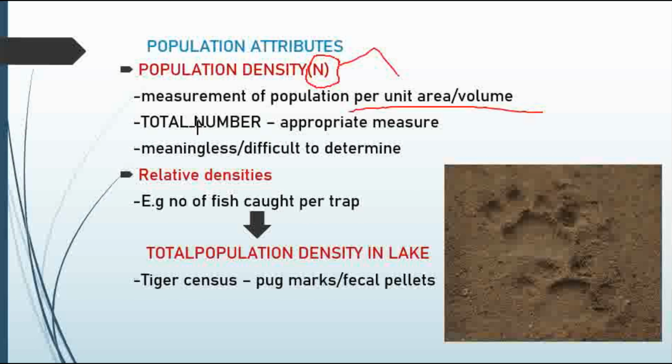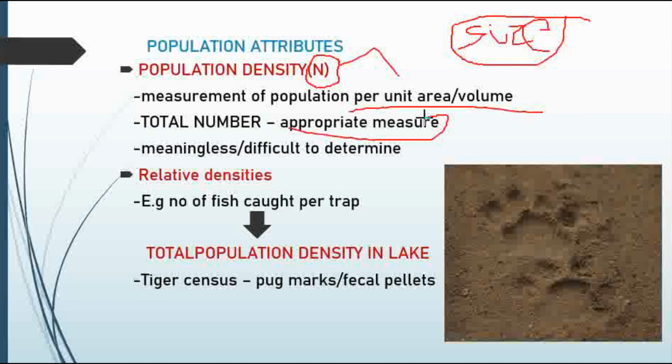And the total number, the population number we saw, that is the population size, which you just count. Counting how many individuals are in a population is the population size. So if we count the total number, it is the appropriate measure, right?